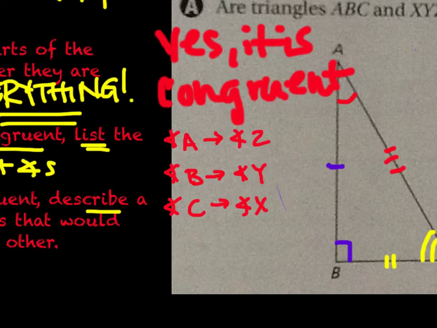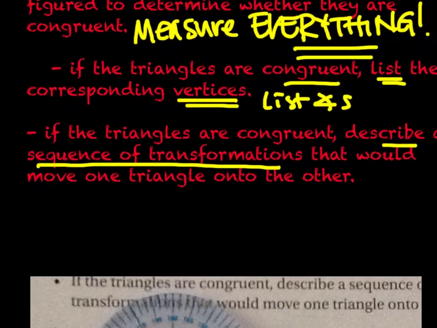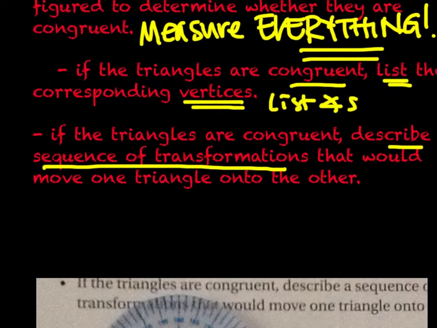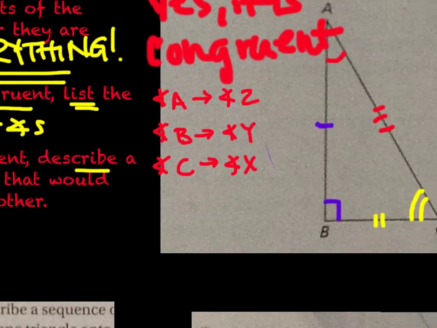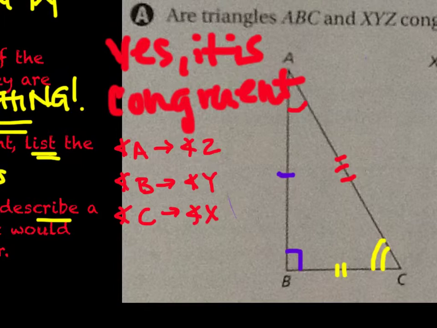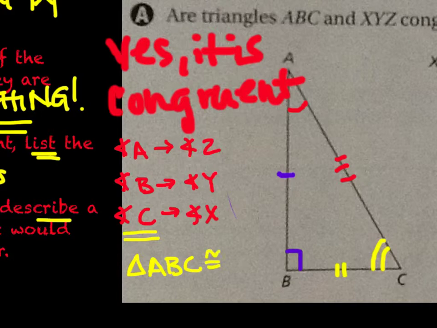We also need to describe what sort of transformation we could make. If I have triangle ABC, I could say triangle ABC is congruent to, and now I'm going to pay attention to A corresponded to Z, so triangle ZYX.